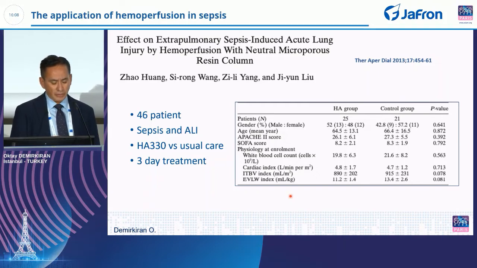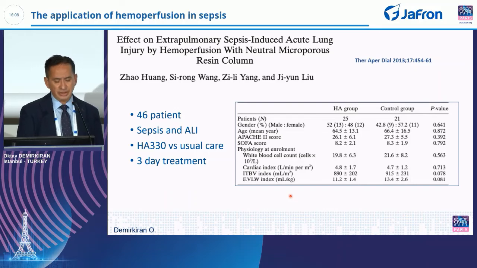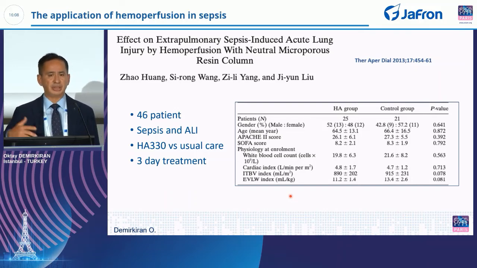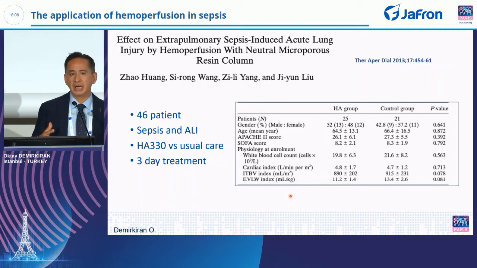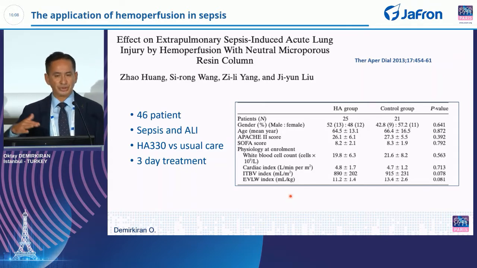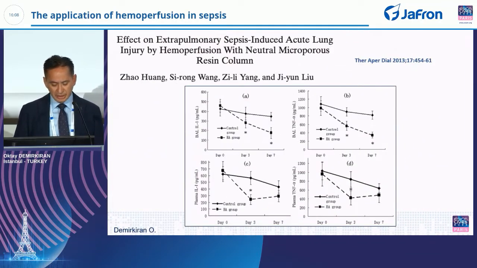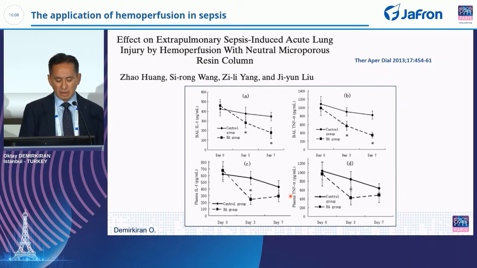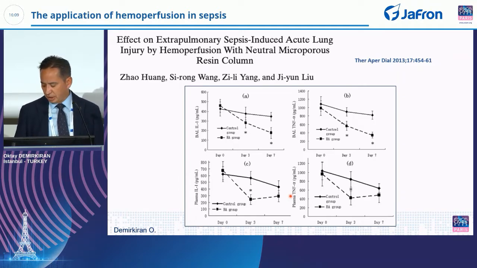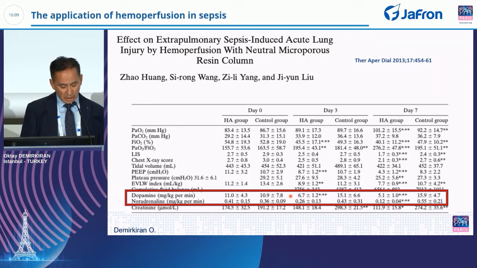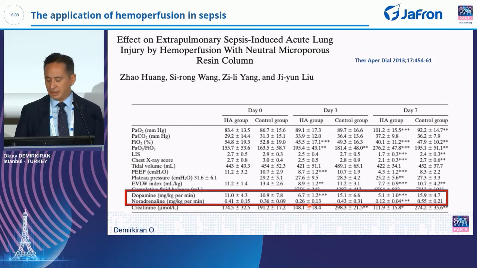The same authors have another study 3 years later, published with 46 patients with sepsis and acute lung injury, and they used HA330 versus usual care. This is for 3 days of treatment, and in that study IL-1 and TNF-alpha levels decreased in plasma and in bronchoalveolar lavage compared to control, and dopamine and noradrenaline requirements also decreased in the hemoperfusion group.